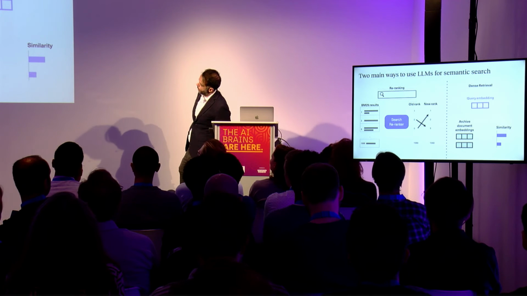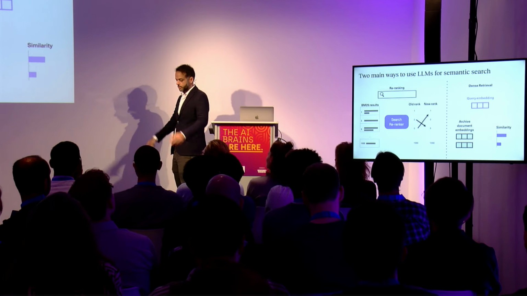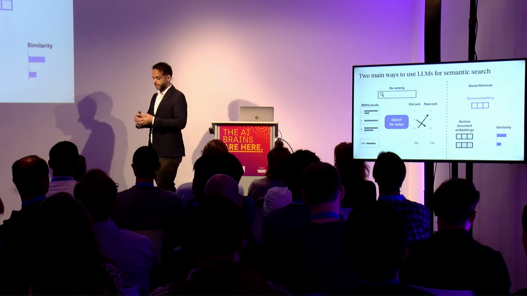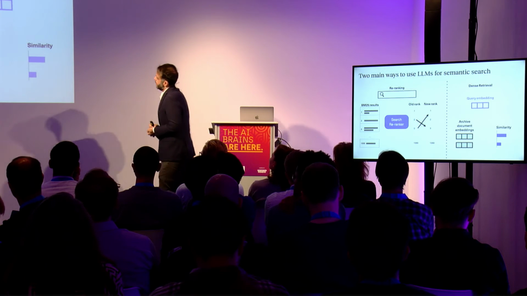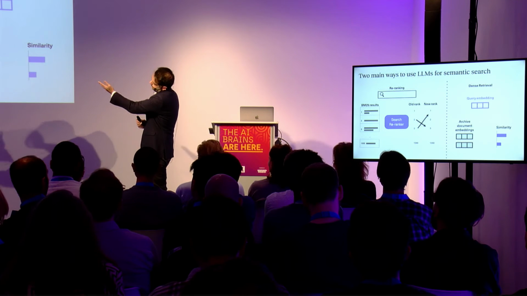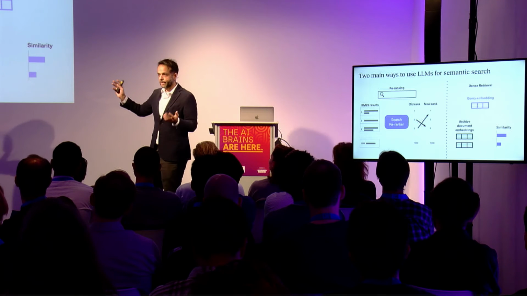On a slightly more technical level, semantic search or neural search, there are two major ways that large language models operate in these kinds of problems. The first one, and we believe this is the one that Google was referring to in that blog post, is re-ranking.